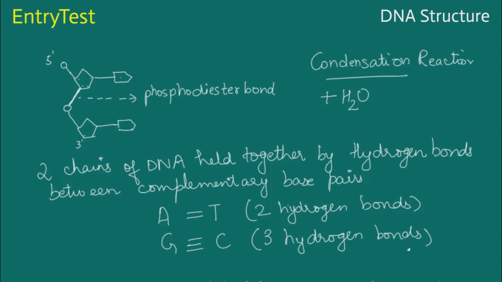So this is known as complementary base pairing. Now in order for the bases to be facing each other and able to pair, the strands run in opposite directions. That means one strand runs in this direction, the other runs in this. That means they are anti-parallel.